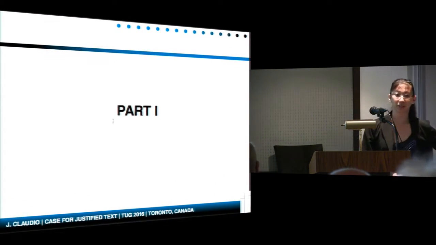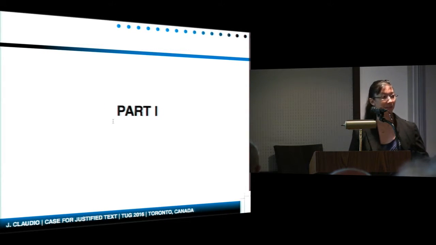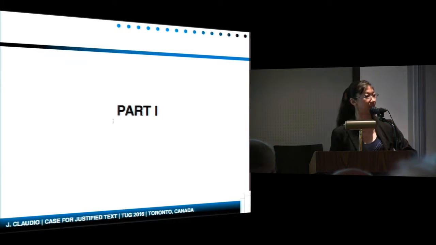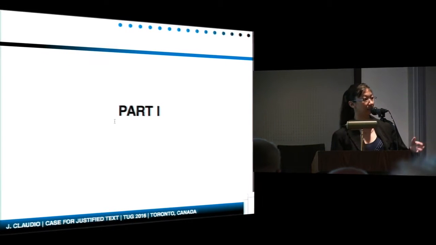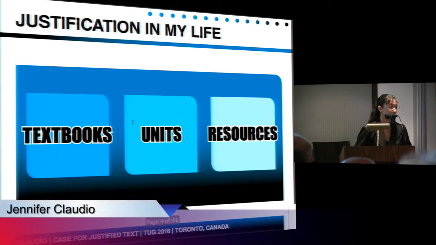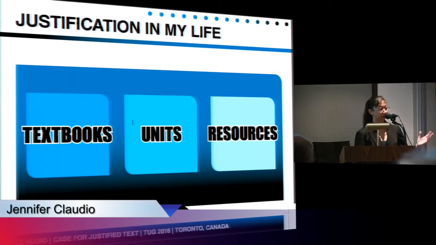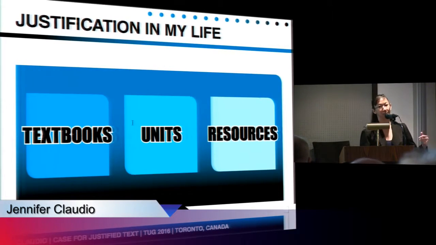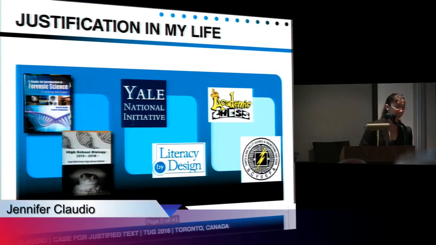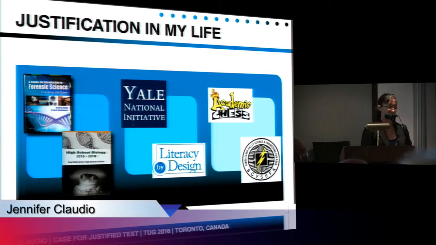So it's a two-part talk. One, just talking about my associates and what we do, and the second part is just a whole bunch of visual examples of how it looks on different processors. So justification in my life, mostly I deal with textbooks, curricular units, and educational resources, and that's going to span a few different things. These are the kinds of associations I guess I've had.